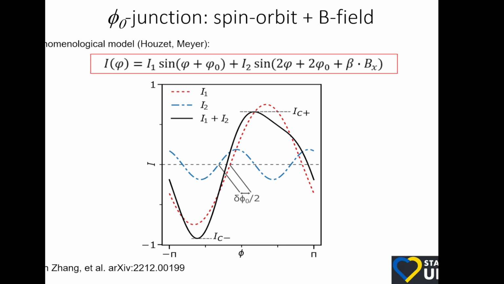So it's the same phi naught in the first and the second. Yeah, I mean, you can say that the phase shift in the first and the second is different, and the difference is expressed by this extra term. And if there is no external field, then you have no phi naught. Right, no phi naught, and yeah, phi naught is also a function of field. Yeah, it's in a subsequent slide.